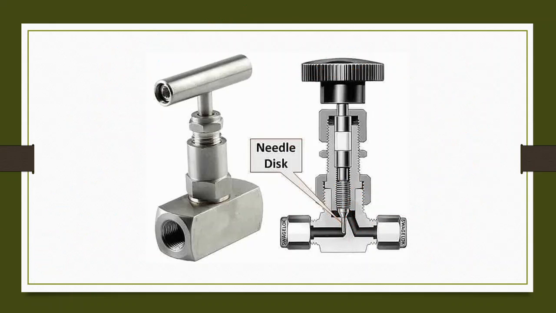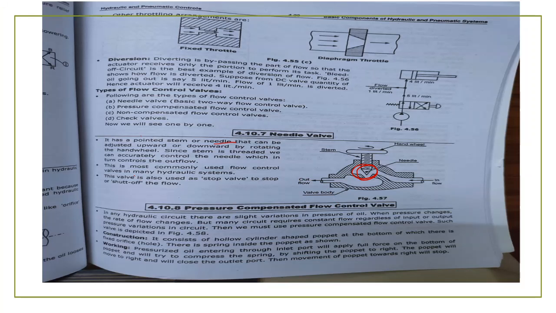They have written here it has a pointed stem or needle that can be adjusted forward and downward. Forward means it can come in downward direction. It can also go in an upward direction. By rotation, when you rotate clockwise, it will come downward, and when you rotate anti-clockwise, it will come upward. These are the cases that you can see, and I have already explained in the previous slides.